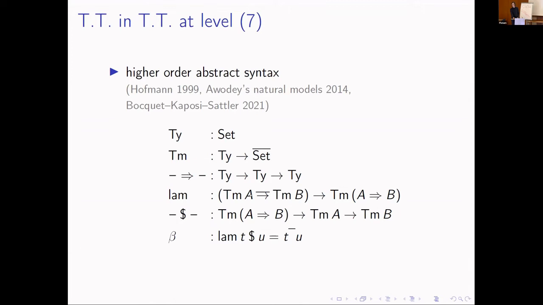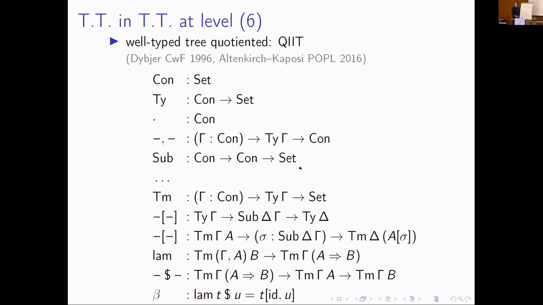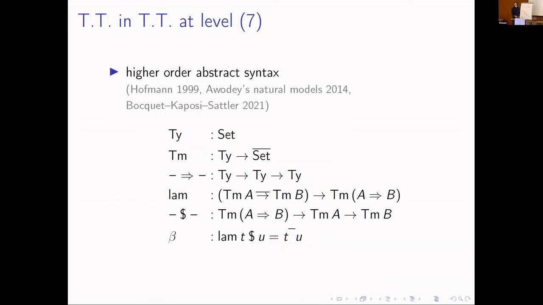So on the left-hand side of a barred function arrow, I can only write Tms because that's my only barred sort. And this is why this makes sense. So this can be translated to this particular first order QIIT definition, which is strictly positive. So when you restrict yourself to use these barred things in this way, then you have the very nice concise language, but which can be translated to a QIIT.